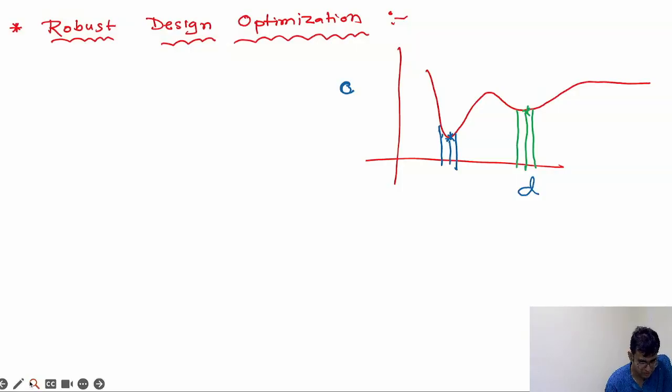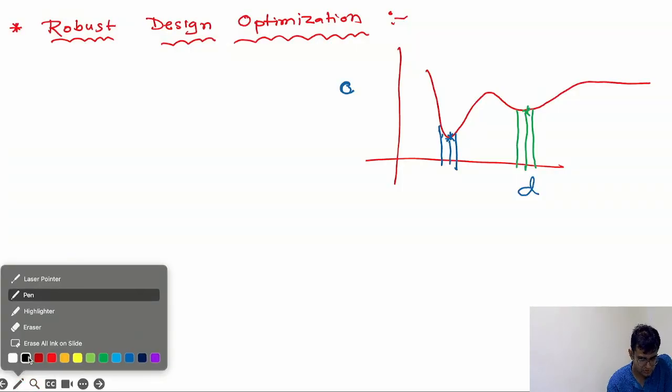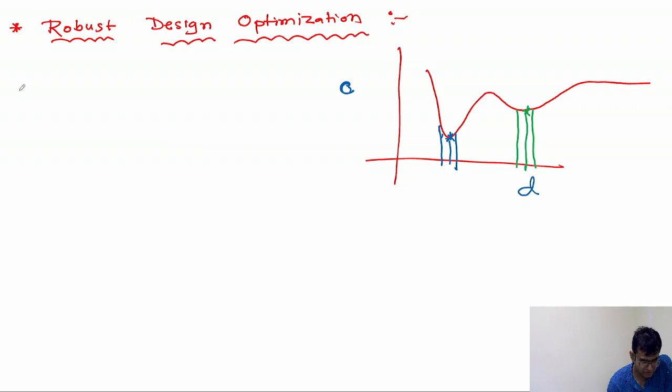So for DDO, first let us talk about DDO, and this is nothing new. It was there in the previous slide and in yesterday's lecture.